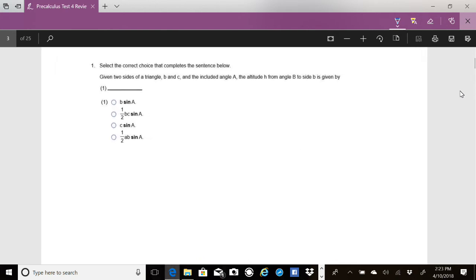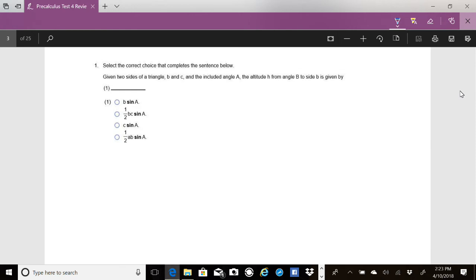Here we're given two sides of a triangle, B and C. So let's draw a triangle. And you've got the included angle A. We want to calculate what the altitude H, or the height of the triangle, is from B to side C. Now you always need to draw a picture of the triangle you're trying to solve.